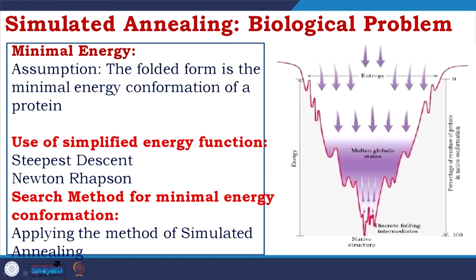Let us say this is your protein molecule, and it is stuck here, or here. Now, what you have to do is take it out from here. So, simulated annealing works by developing a random number between 0 and 1.